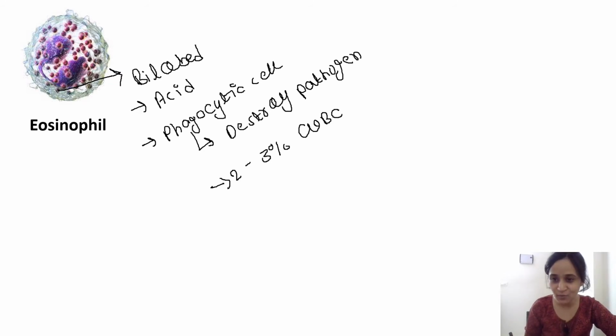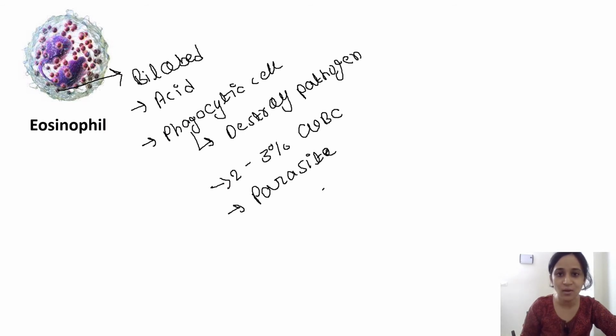Neutrophil was abundant, 60 to 70%, but eosinophil is less. So in our blood you get less eosinophil, that is 2 to 3%. And they provide defense against parasites. So you should remember this thing. Questions can come that eosinophil is the only cell that can defend against parasites.